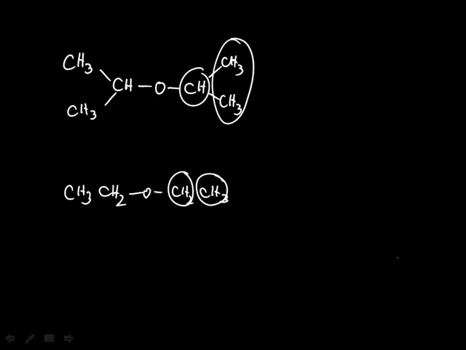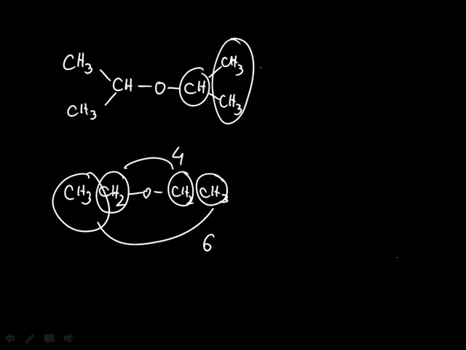And if we're considering that this is an unknown compound, we will be a little bit lost until we look at the integration, and then we'll realize that these two peaks in the NMR of the diethyl ether will integrate for 6, while these two will integrate for 4. Here we will have the same ratio of 6 here, but 1 here.